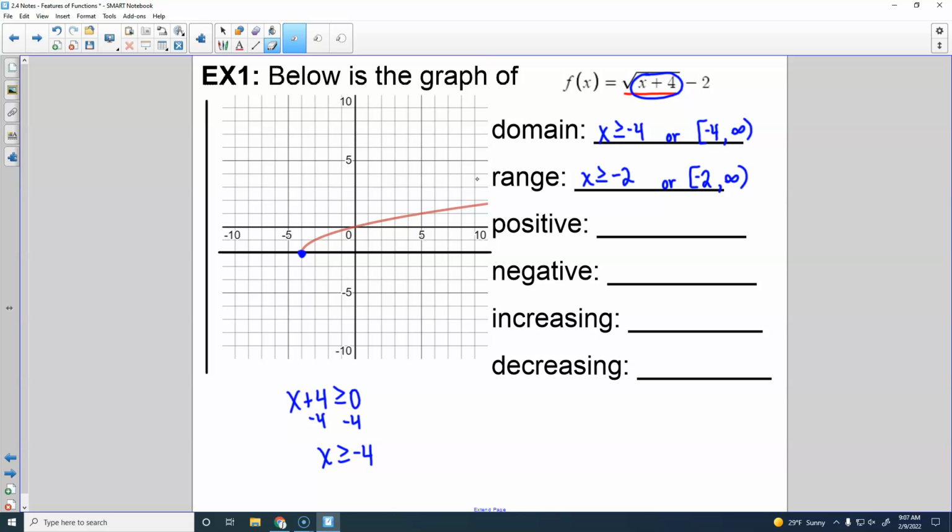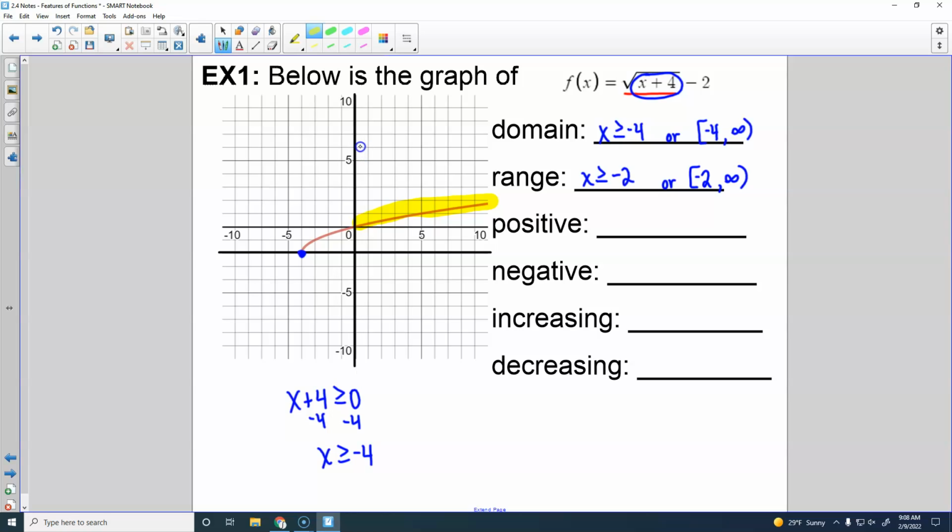All right, so we're now looking for where we're positive. So we want to know where we're above the x-axis. Above the x-axis is going to happen right here. Remember, you are using x values to describe this.